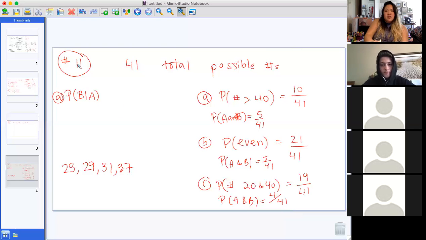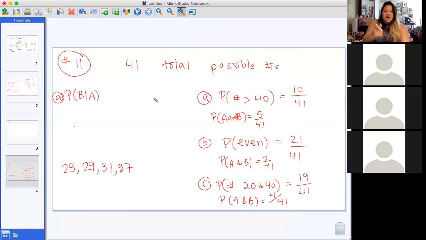The probability of B given A is going to be this one, right? 5 over 41 divided by 10 over 41.